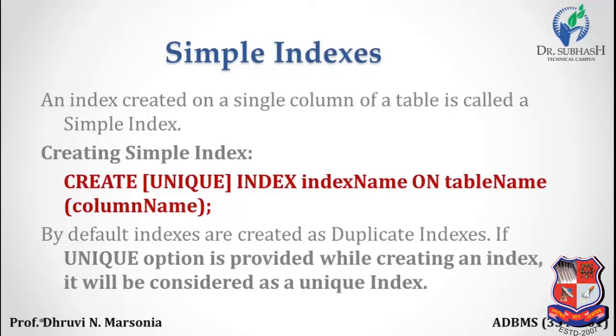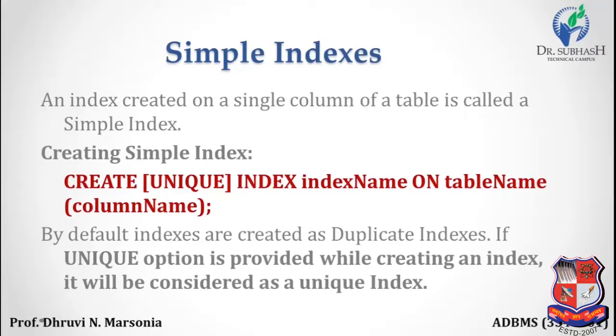An index created on a single column of a table is called a simple index. An index in which we consider a single column for the index is known as a simple index. Now, the syntax of creating an index is: create [unique] index index_name on table_name(column_name); By default, indexes are created as duplicate indexes.